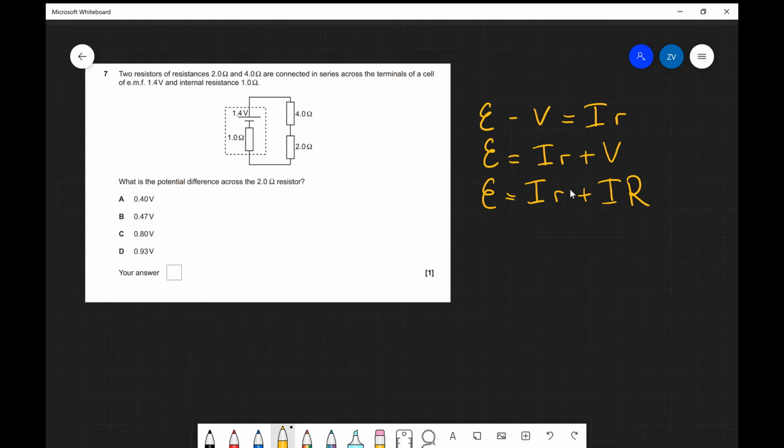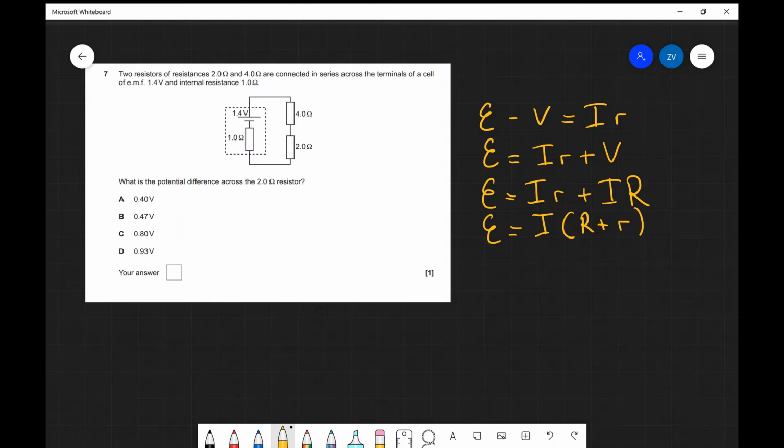Lowercase r is the internal resistance, which is 1 ohm, and capital R is the total resistance of 6 ohms, the 4 ohm plus the 2 ohm. A different way of writing that is I(R plus r), just factorizing.